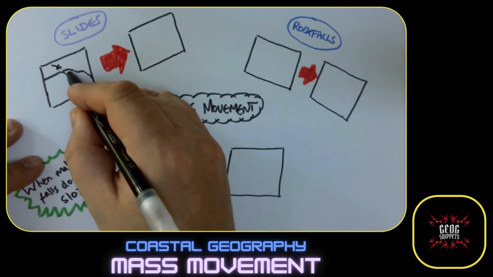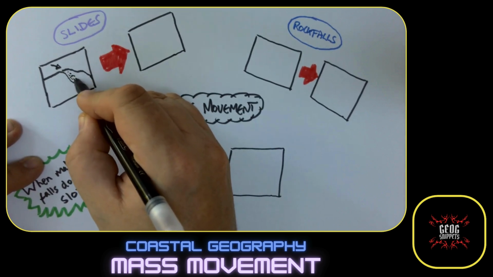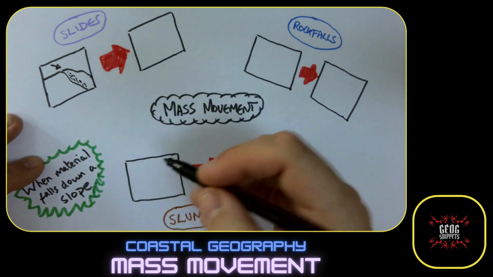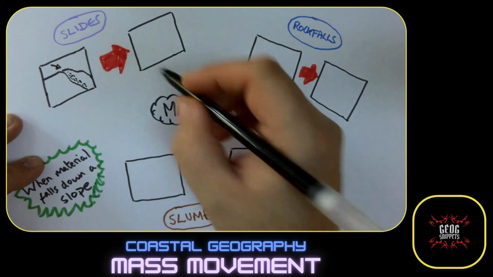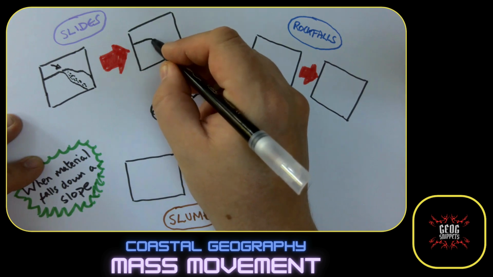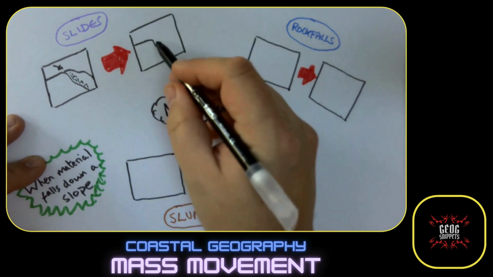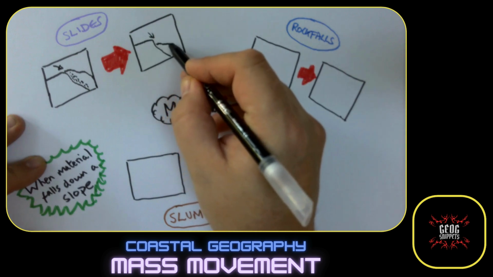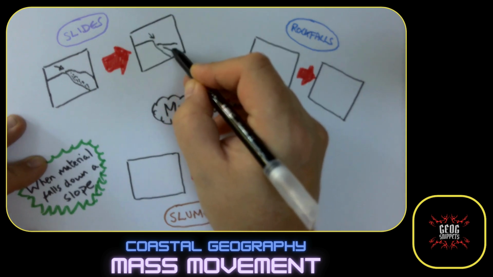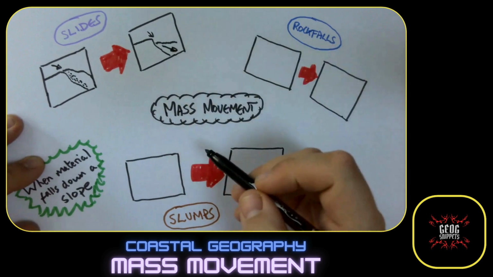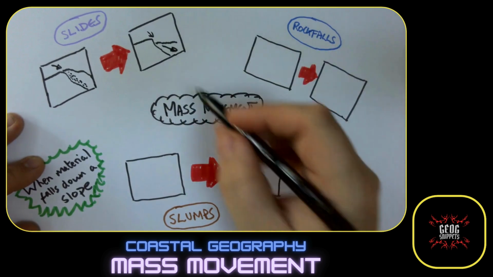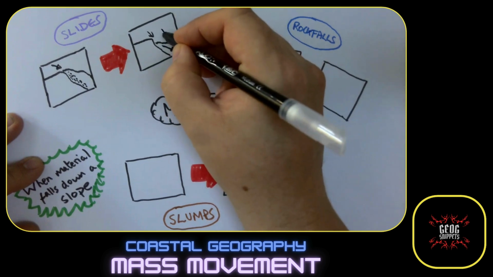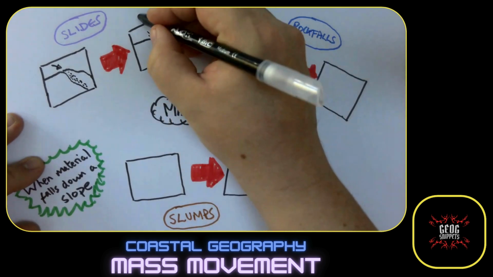Over time, this becomes saturated, or full up with water, and as it does that, it becomes heavier, and eventually what will happen is that along this line, which has had the water seeping into it, the cliff will actually slide down the slope. When it does this, it does it in a straight line. So the whole block moves down under the weight of gravity.